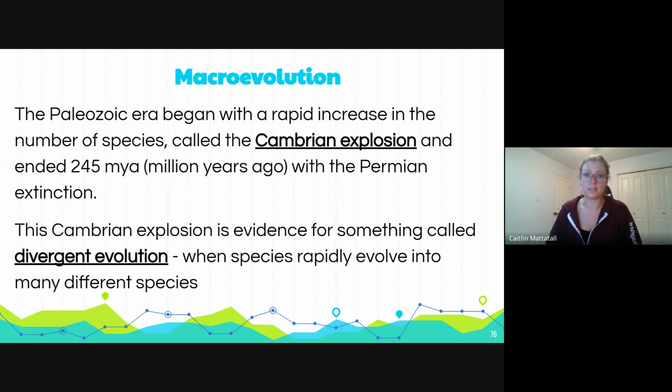And then just going into some evidence of macroevolution, so large scale, long time evolution, we're looking about 245 million years ago, based on modern day dating technology. We're looking at the Paleozoic era, which is the second era of time.